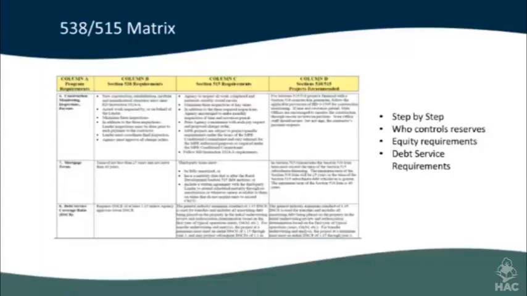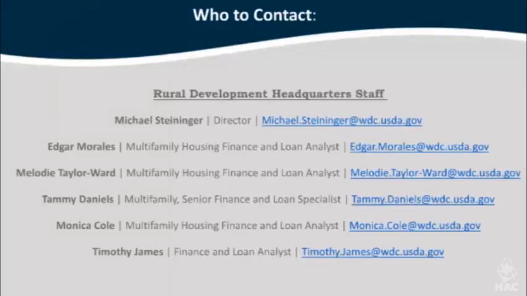Currently, there are 28 different program requirements that are addressed in this matrix, and it covers things that you see on the screen. It also covers items such as lease-up reserves, use restrictions, replacement reserves, etc. The unnumbered letter is available on Rural Development's website.